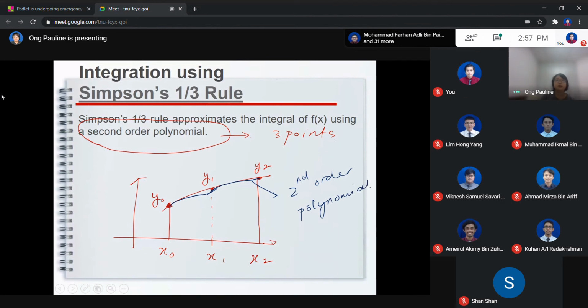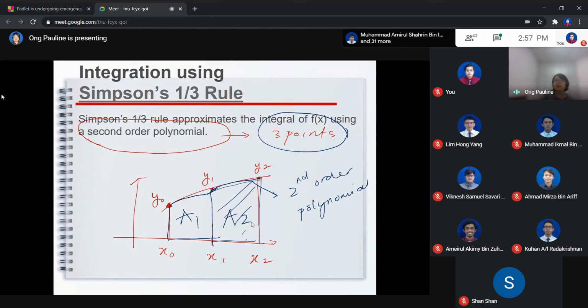Okay, the Simpson's 1/3 rule uses a second order polynomial, so meaning that you need to have 3 points. And if you look at this diagram, if I have 3 points, how many segments can you get? You will get a first segment here, A1, and also the second segment here, A2.